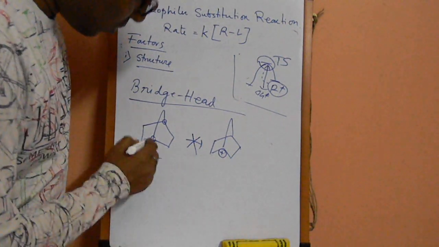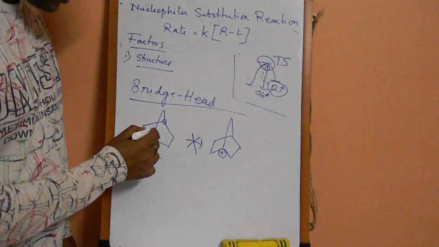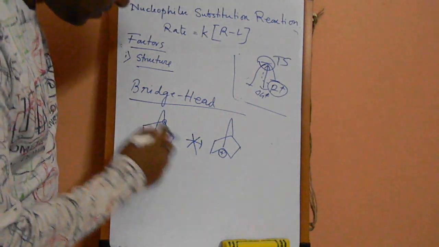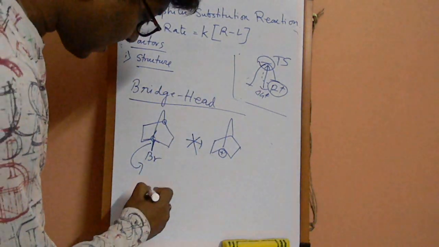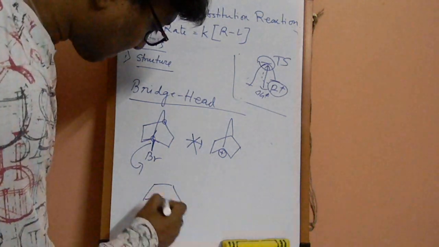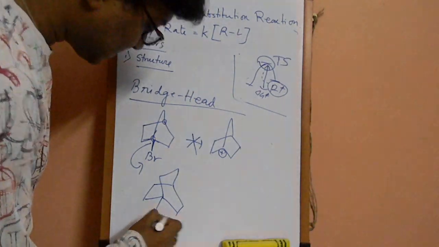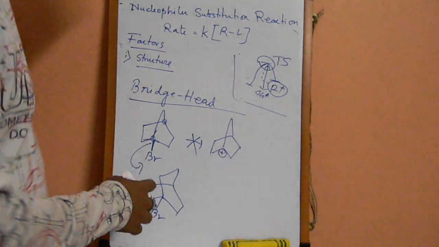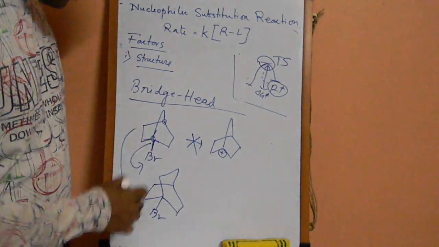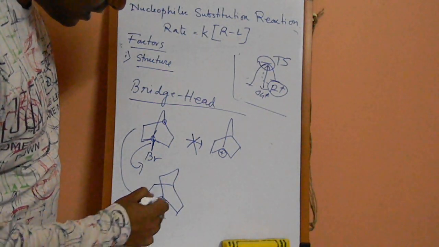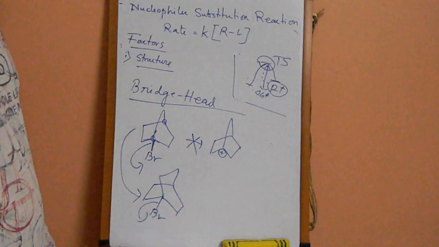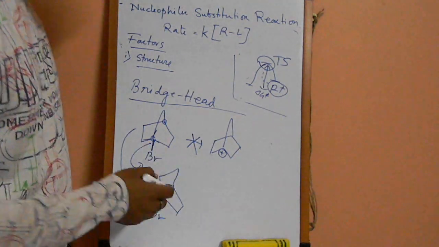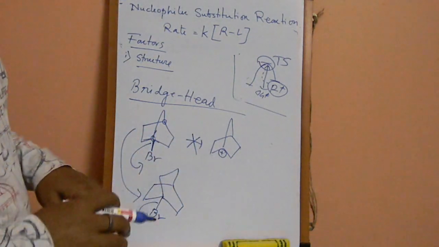Although these are all tertiary halides, you see, and tertiary halides are usually very active toward the SN1 reaction, here you cannot. But if you make the ring flexible to some extent, like in such cases, due to the flexibility of the ring there is some increase in the rate of the SN1 reaction going from here to here, because if you remove this, the resulting carbocation can exist here, as due to the flexibility of the ring, they can afford some kind of distortion in the structure.